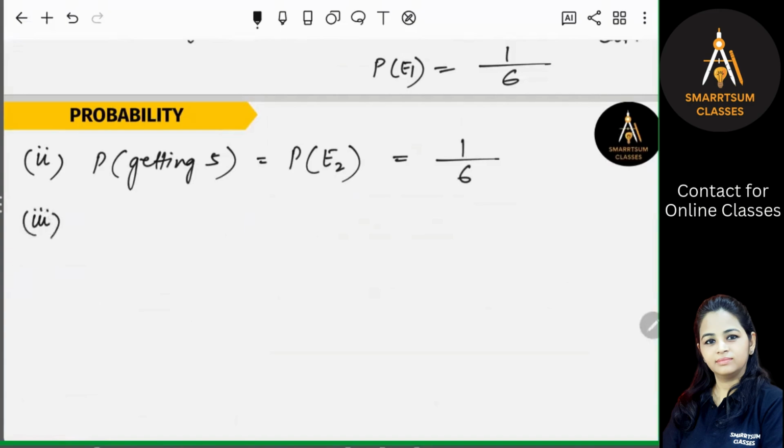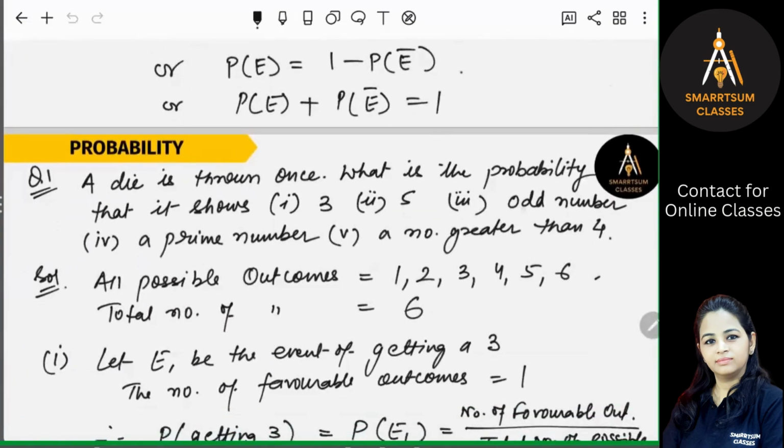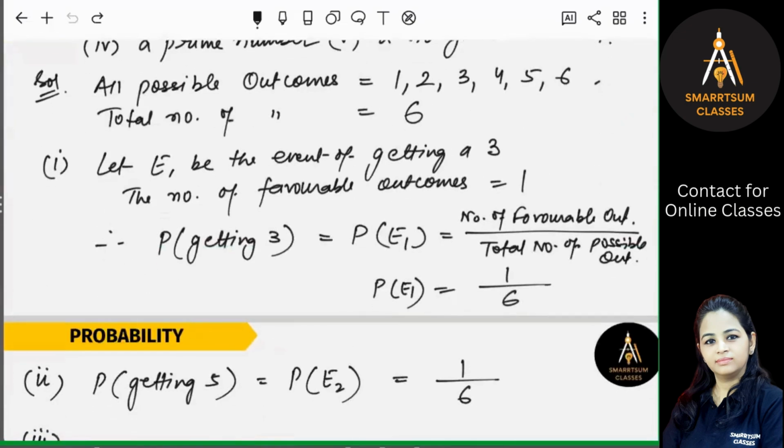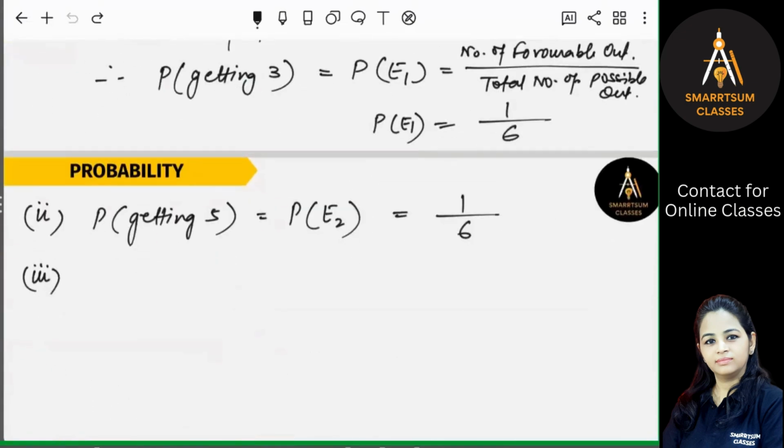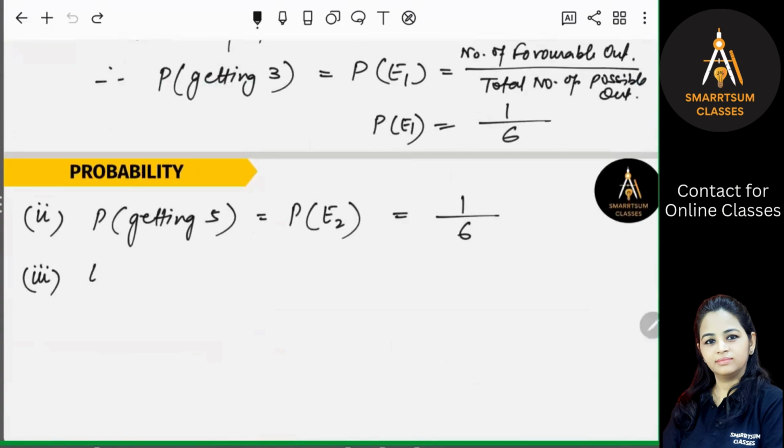Third part. Now, what is the event here? An odd number, right? That you are throwing a die and you are getting an odd number. So very first you will write down what are the favorable outcomes, right? Okay. So suppose let E3, this is event 3, be the event of getting an odd number.